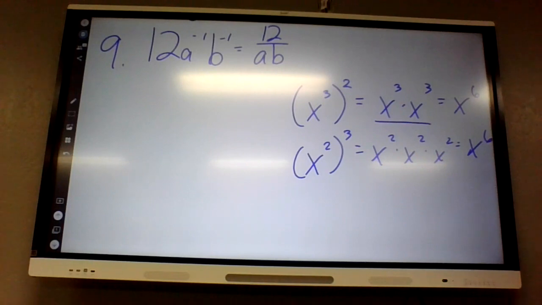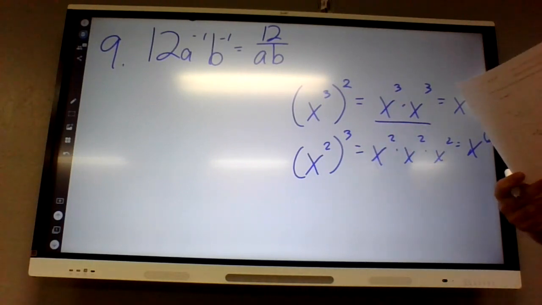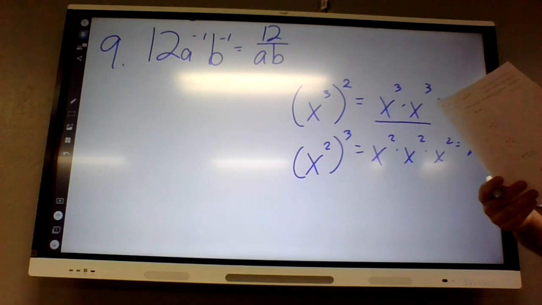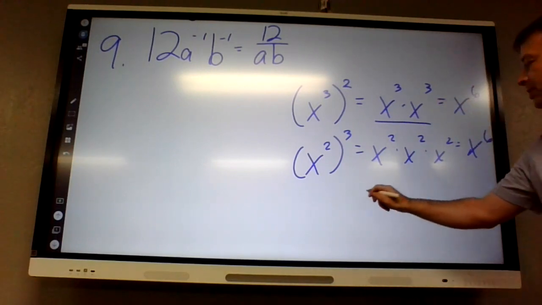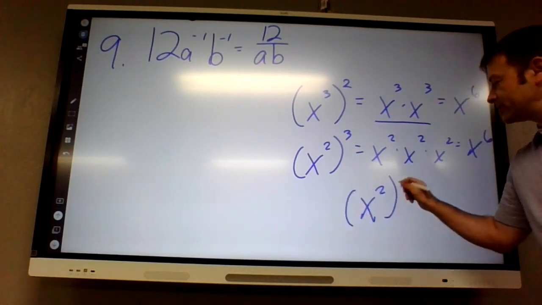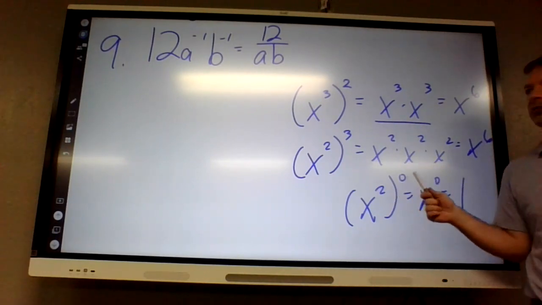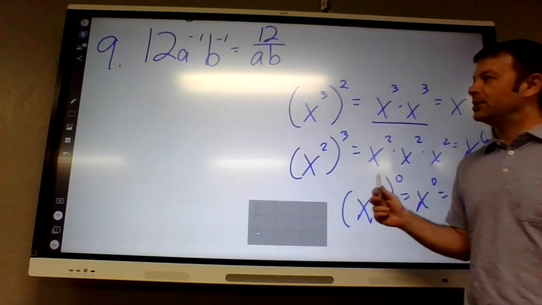So number 11 is a multiply problem. So x squared to the 0 is equal to what? 2 times 0 is 0. What is x to the 0 though? We talked about this. Anything to the 0 is 1. I didn't really have to multiply. Anything to the 0 is 1.